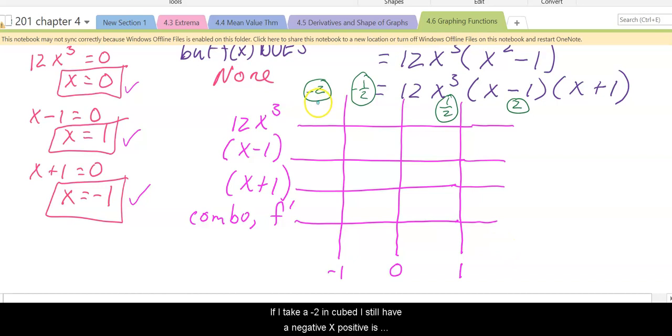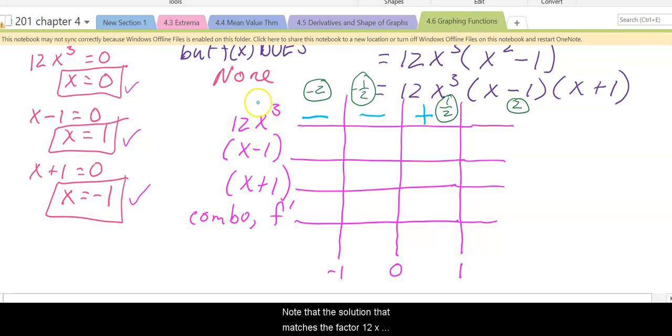If I take a -2 and cube it, I still have a negative. Multiplied by a positive is still going to be negative. Likewise, a -1/2 cubed is still negative, times a positive is still negative. When I cube 1/2, I get a positive value, times a positive is positive.